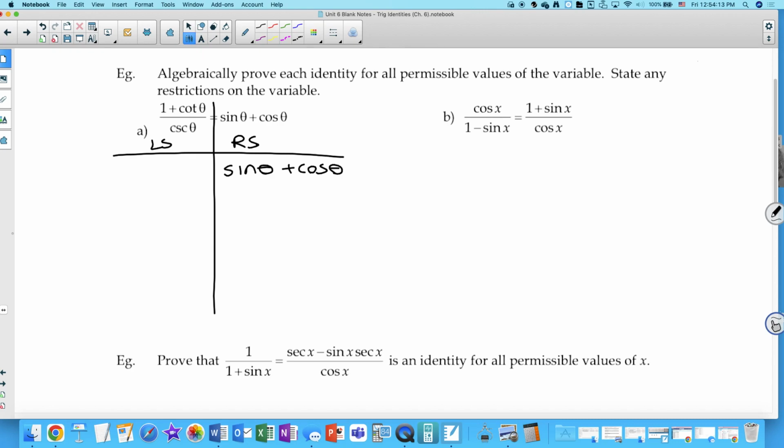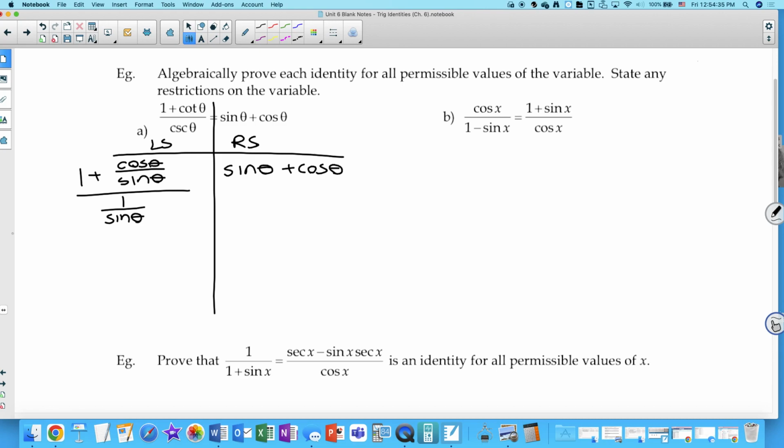Okay, on the left side, I'm going to write all of this in terms of sine and cosine. So I've got 1 plus cotangent, which is the reciprocal of tan, so cos theta over sine theta, over cosecant, which is 1 over sine theta. Okay?